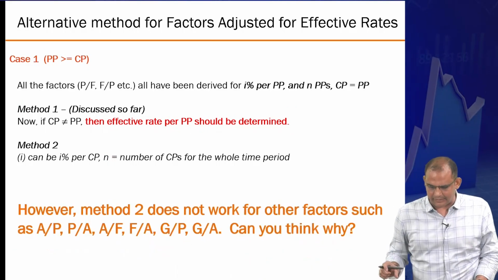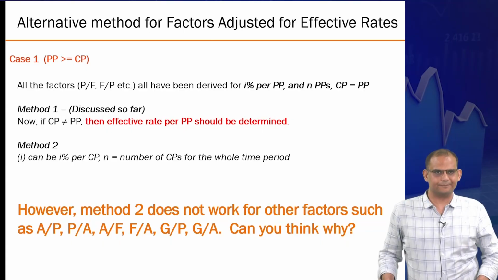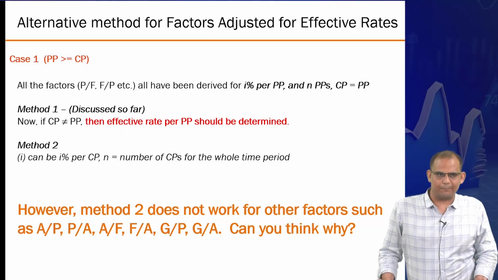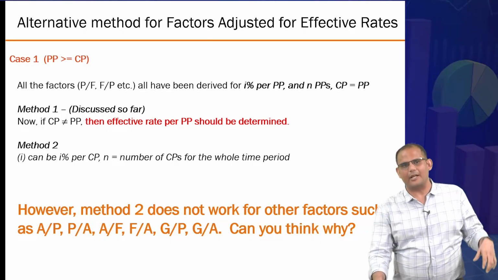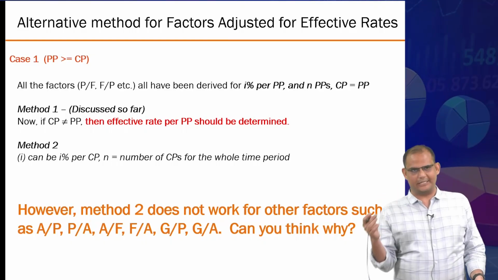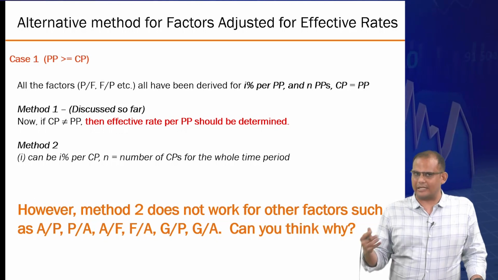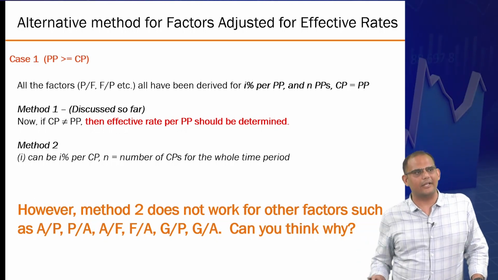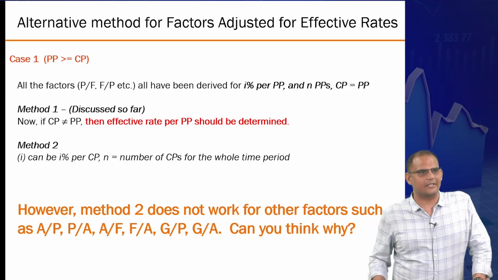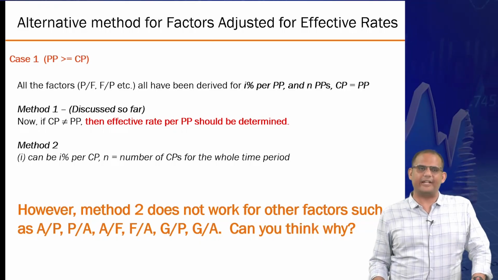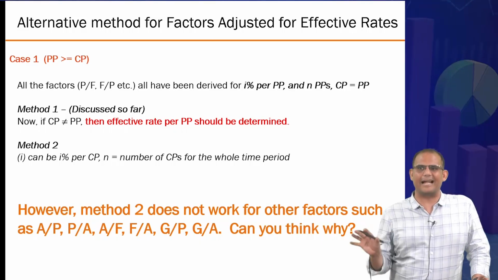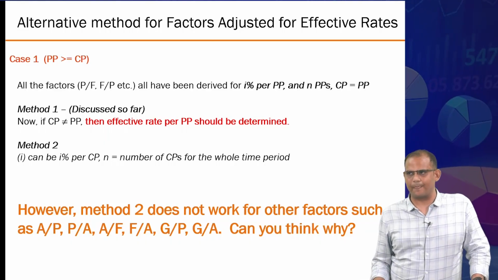And that is an assignment question for you. Think on why. Prove that it will actually not give the same answer, not using values, but logically. Okay? Draw the cash flow diagram and convince yourself that method 1 is always the correct one, which is converting your rate to the effective payment period and using that in the formula.